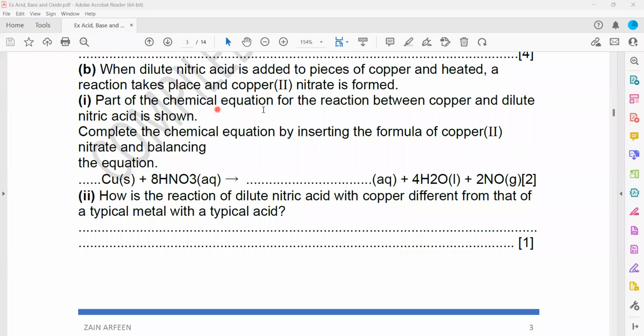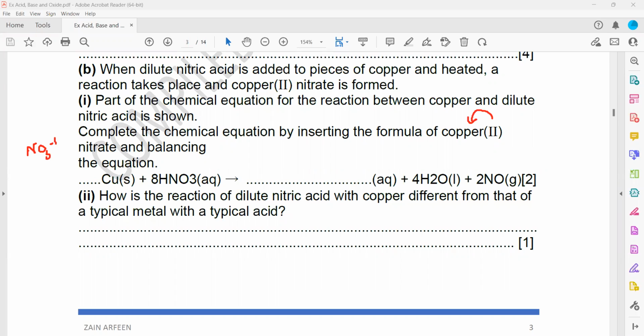Part of a chemical equation for the reaction between copper and nitric acid is shown. Complete the chemical equation by inserting a formula for copper(II) nitrate. First, what should be the formula of copper(II) nitrate? The valency of copper is +2 and nitrate is a molecular ion with a valency of -1. So what should be the formula for copper(II) nitrate?